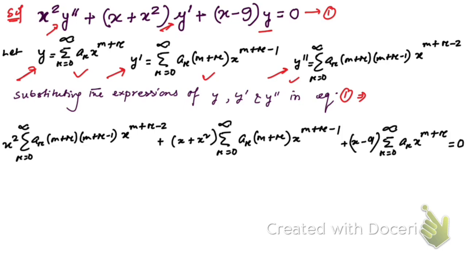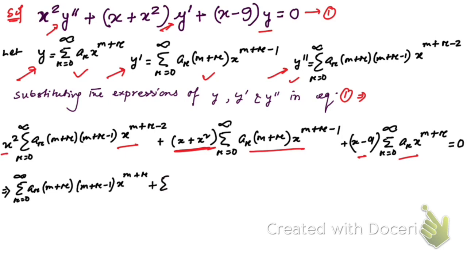And here what we can do, just multiply this one with this, then this minus 2 and this plus 2 will be cancelled, right? Similarly, if we multiply this one with these terms and this one with these terms, we're going to have this equation.